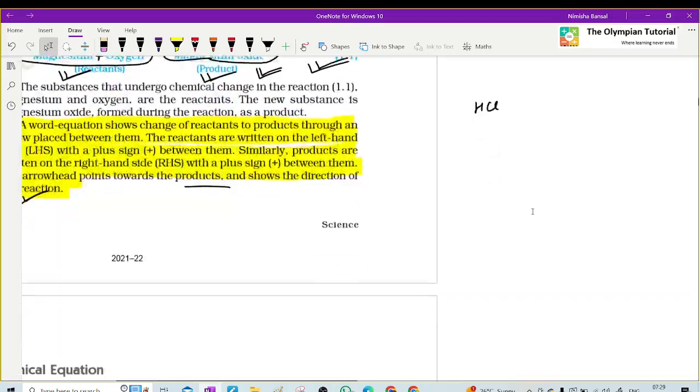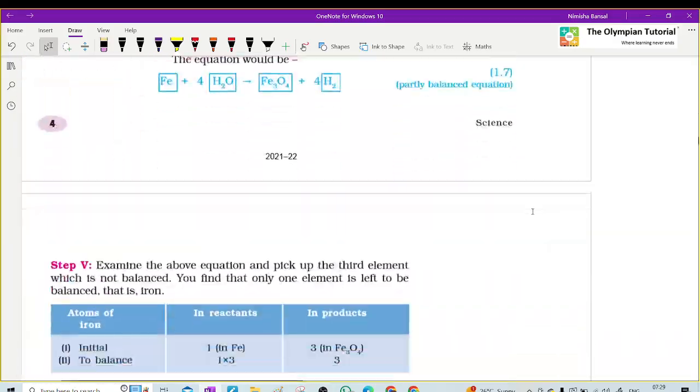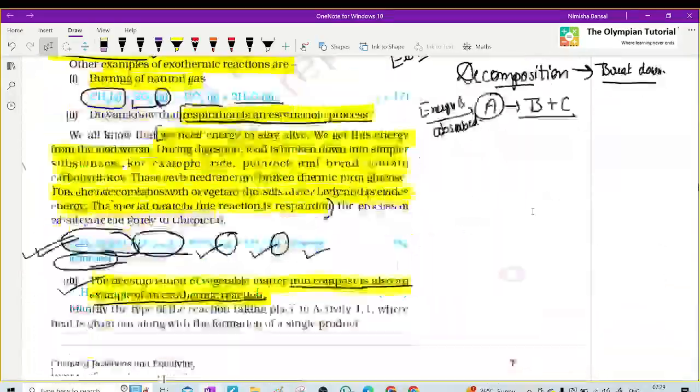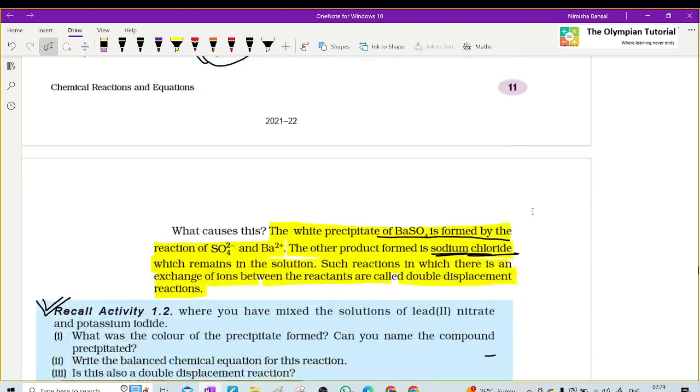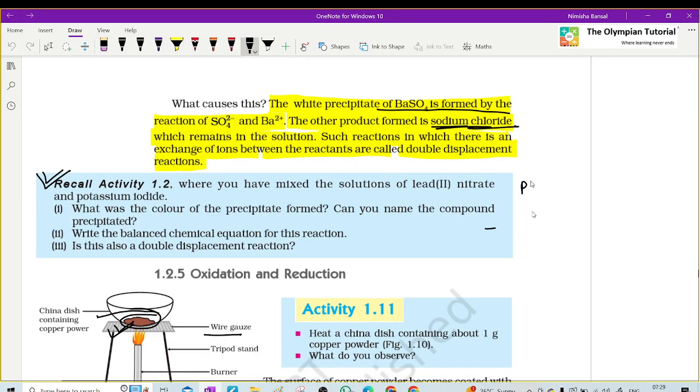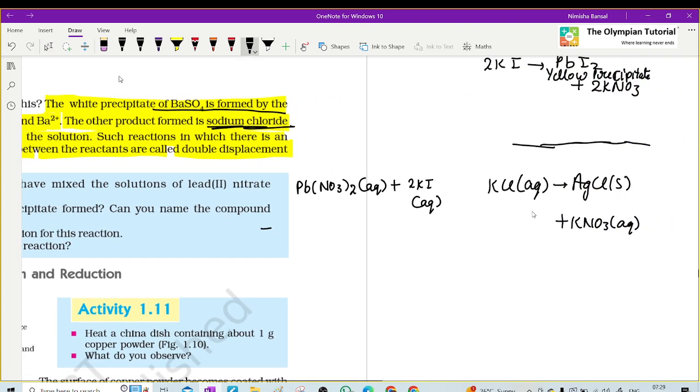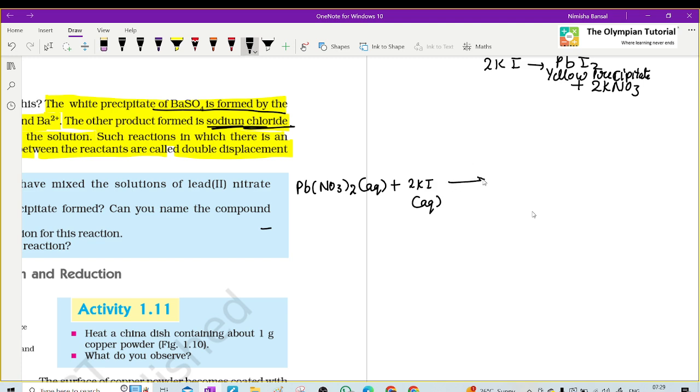So write it down: Pb(NO3)2, this is in aqueous solution, plus 2KI, this is also aqueous. It will give PbI2 aqueous plus 2KNO3.